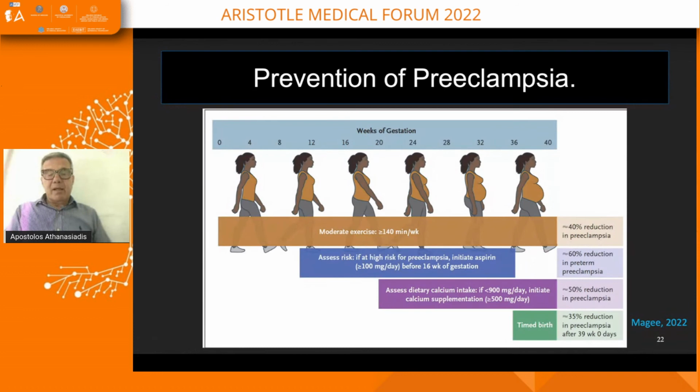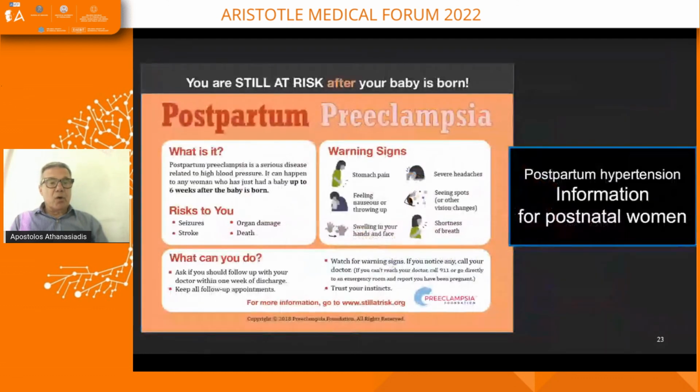Dietary calcium supplementation is crucial, and also at the time of birth we can decrease the probability to 55%. Also, it's important to give postpartum information to postnatal women, because when a woman goes home with a baby, she forgets everything.